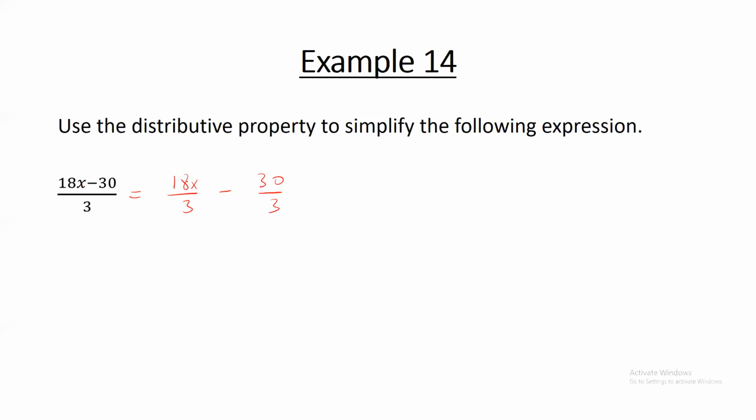And 18 divided by 3 is 6, so that's just 6. Don't forget the x. Minus 30 over 3 is 10. Answer is 6x minus 10.